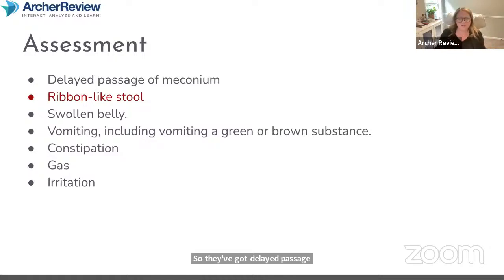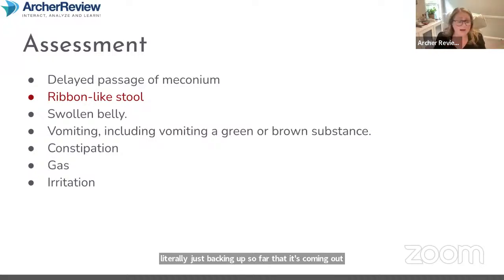Now, eventually, as they get bigger, more and more stool builds up. Their belly gets bigger and bigger, lots of abdominal distension. When they vomit, it's not just bilious, it's a dark green-brown substance because that stool is literally just backing up so far that it's coming out the other end.